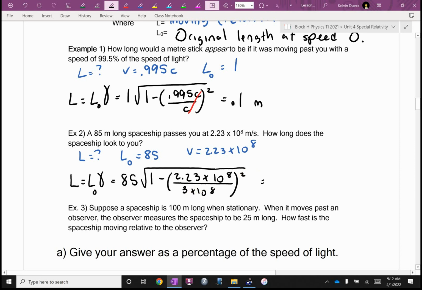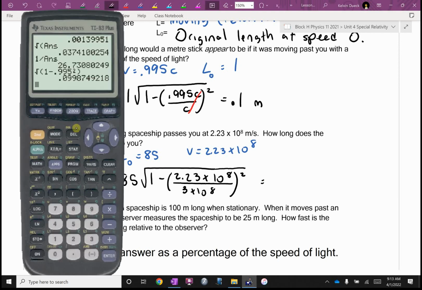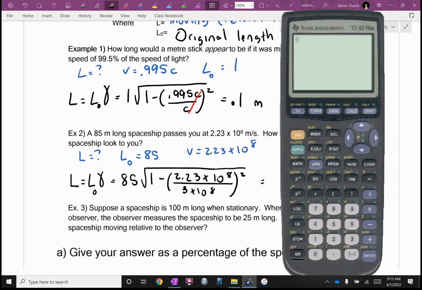This is about as complicated as you'll be asked to type, so see if you can type this into your calculator. I'll do it up here. Those of you that have the fancy fraction buttons can take some shortcuts. On a TI, we go 85 times square root bracket.